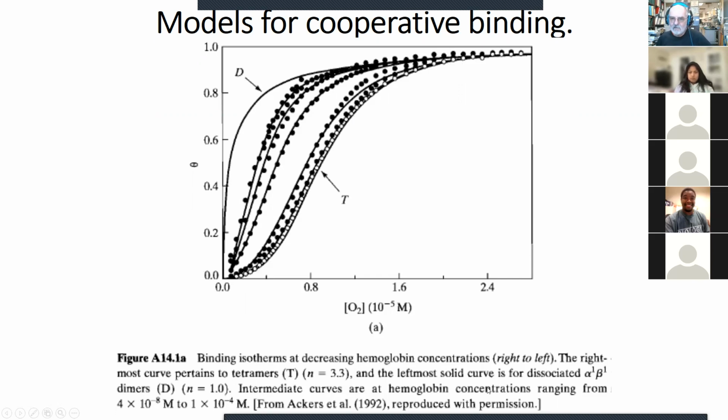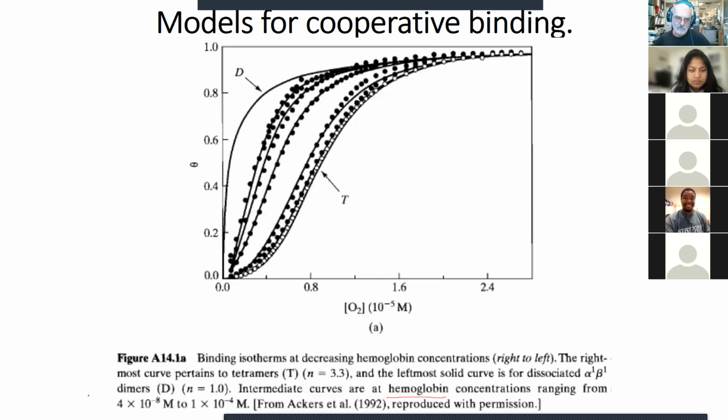What's varying here is down below, the hemoglobin concentration. They are varying the hemoglobin concentration. We'll recover that information later, but notice this goes from 40 nanomolar to, what is that? That's 0.1 millimolar, that's 100 micromolar. Okay, you know that hemoglobin concentration in red blood cells is very high.